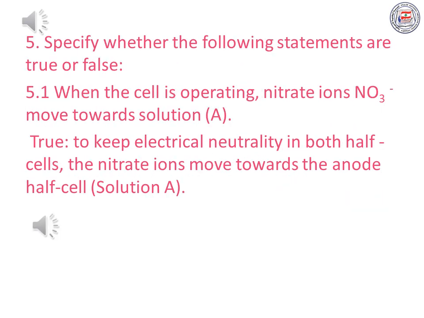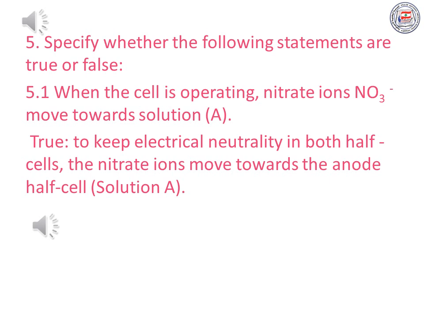Number 5. Specify whether the following statements are true or false. 5.1. When the cell is operating, nitrate ions NO3- move towards solution A. True, because the quantity of Zn2+ ions increases.